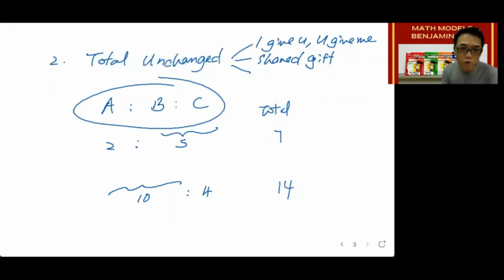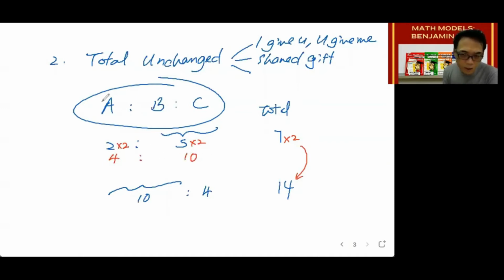To equate the two totals, all you need to do is multiply this by 2, and therefore giving you 14. But likewise, you need to multiply this by 2 and multiply this by 2. Then you will get 4 and 10 here.